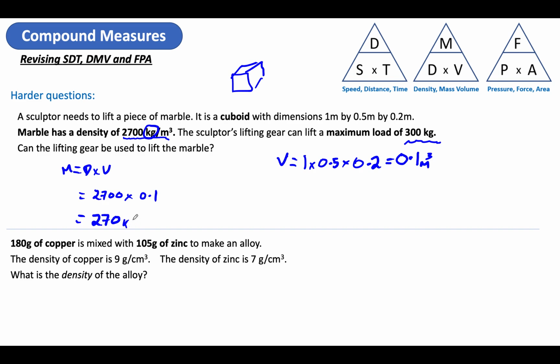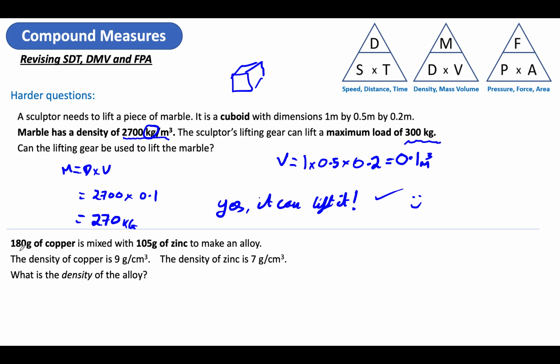So this is 270 kilograms. So the answer is yes, it can lift it. Put an exclamation mark even though we don't need it. Yes, it can lift it. Tick. Smiley face.